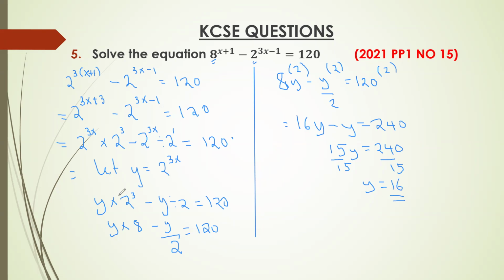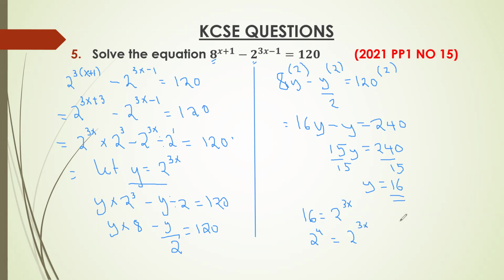So tayari tushapata y lakini hatujapata x. So remember this one. So we substitute, itakuwa ni 16 equal to 2 power 3x. So 16 tuifanya in base 2. So itakuwa ni 2 power 4 equal to 2 power 3x.